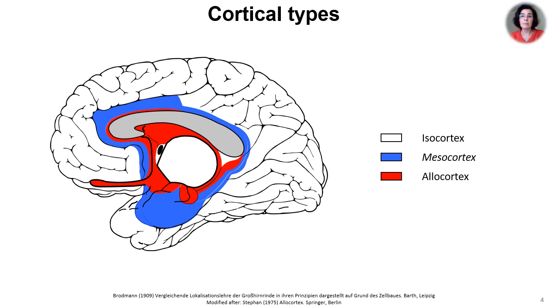For example, his area 24, located on the rostral portion of the cingulate gyrus, belongs to the mesocortex. Specifically, it is what we call pro-isocortex. It has 5 clearly developed layers, and the only difference with the neighboring isocortex is that it does not have a layer 4.